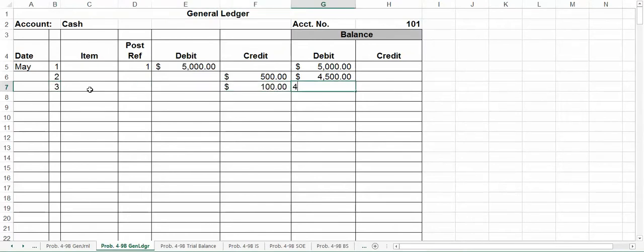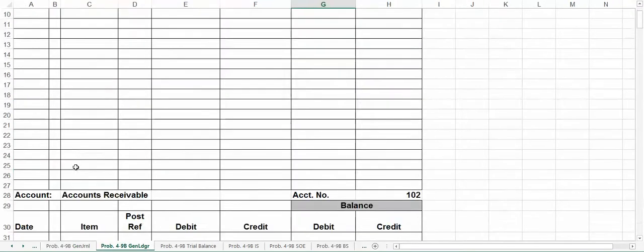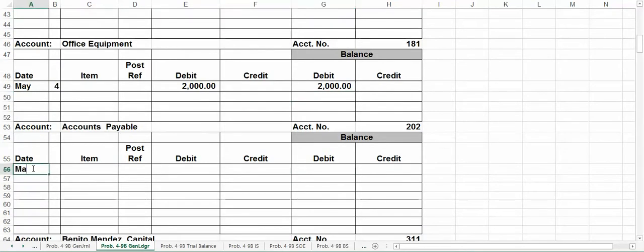Then we're going to subtract again to get the next balance amount. Office equipment for $2,000 on the 4th. The 4th, $2,000. And then it was accounts payable as a credit for $2,000.